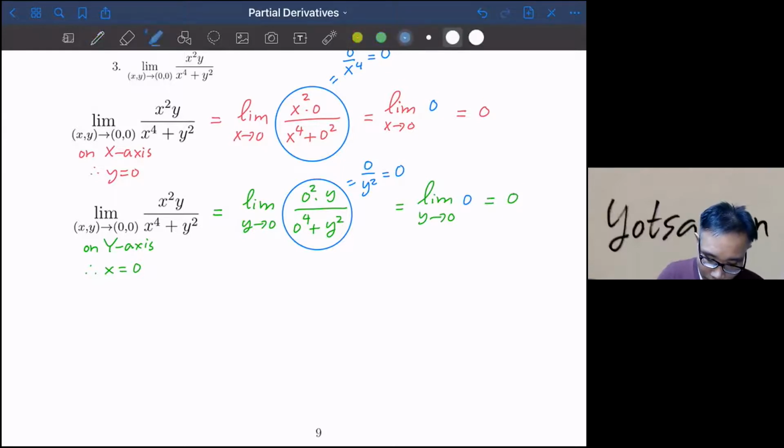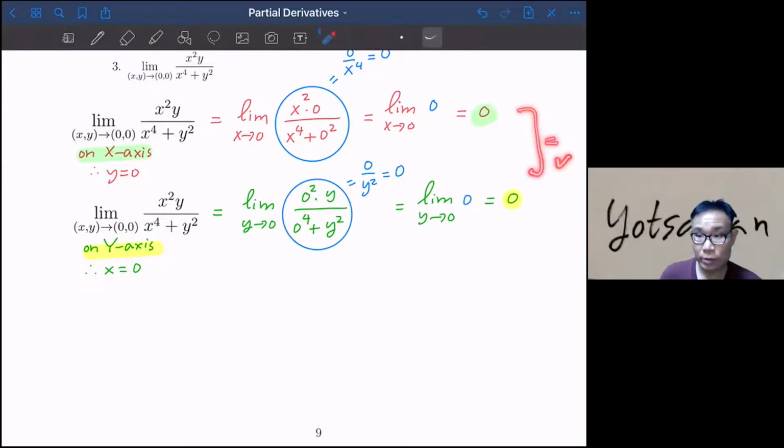So the limit on the x-axis, the green one, turned out to be equal to 0, and the limit on the y-axis, the yellow one, also turned out to be 0. So they are equal, they are not different.